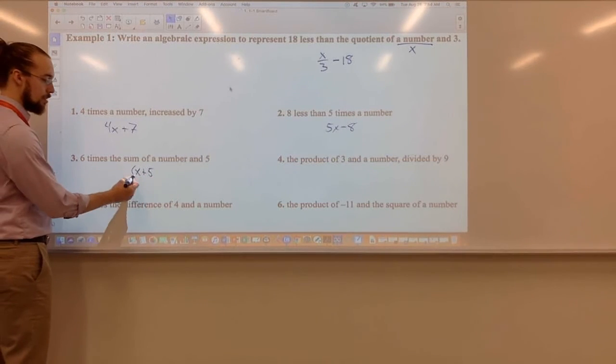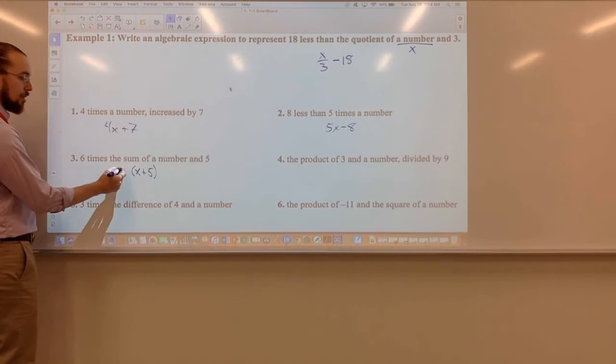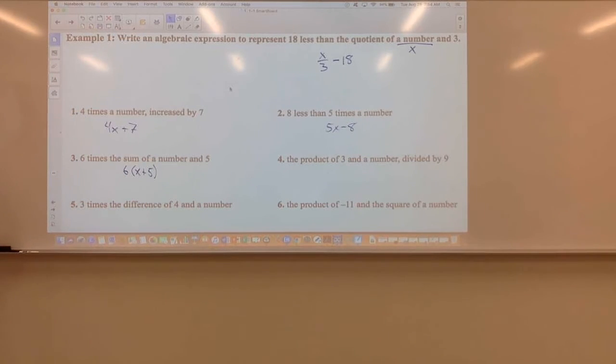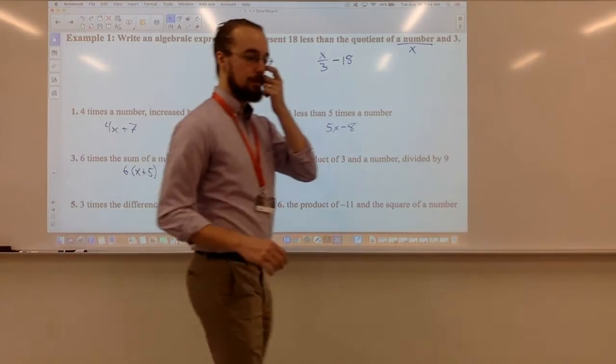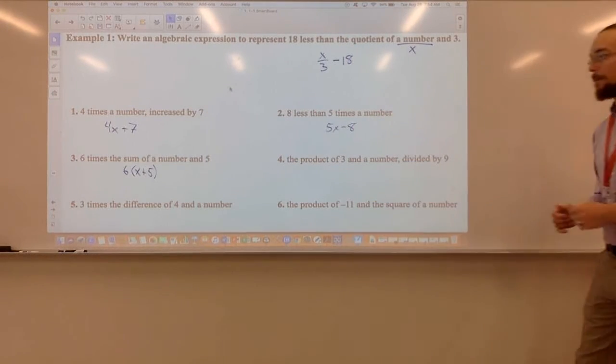If I want to show that I'm taking that sum and then multiplying it by 6, I want to put that sum in parentheses like that. So that might have been something a little bit tricky here. And it's actually going to be pretty similar to number 5. So double check here before we go over the rest of them, and see if you've got this down.